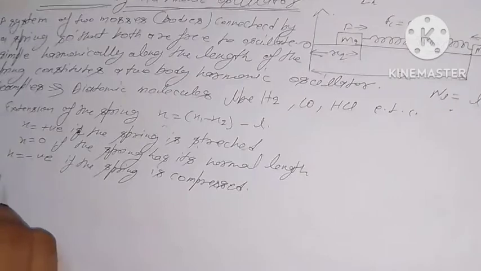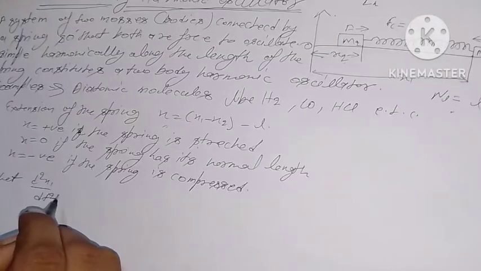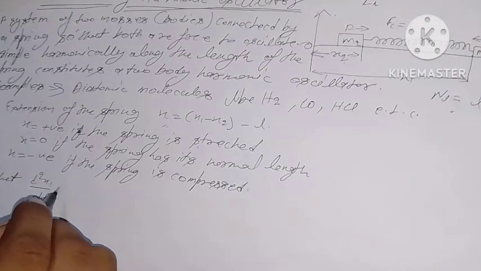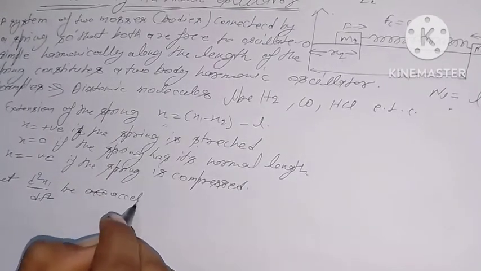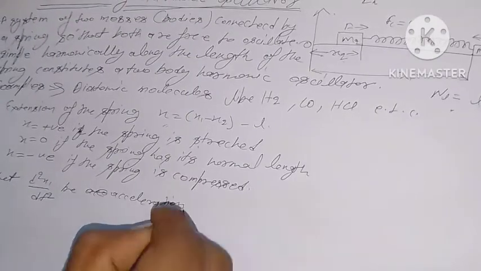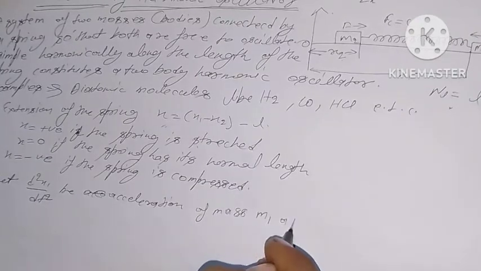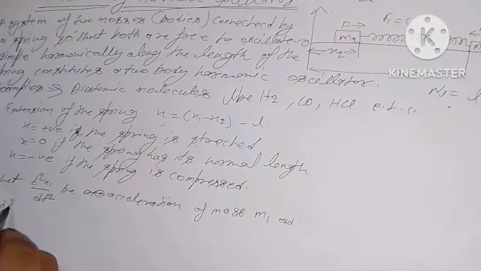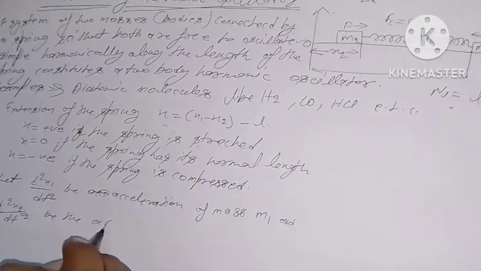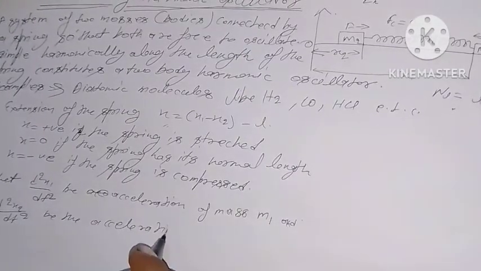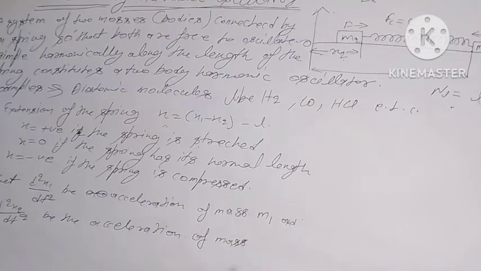Let d²x1/dt² be the acceleration of mass m1 and d²x2/dt² be the acceleration of mass m2.